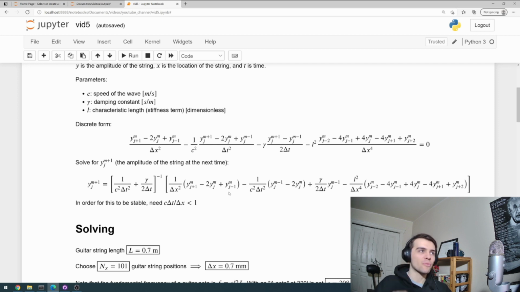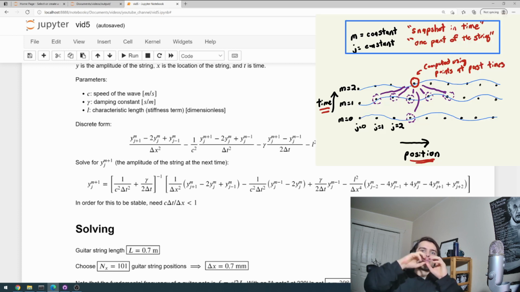And you'll note that everything on the right-hand side of the equation only has to do with m and m-1. So it says at the next time, if you know everything at time m and everything at time m-1, you know all the information there, you can compute everything you need to know about time m+1. And you just plug it into this equation here, and you get everything you need.